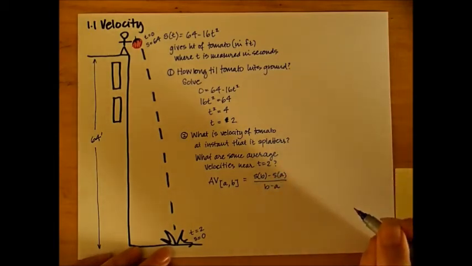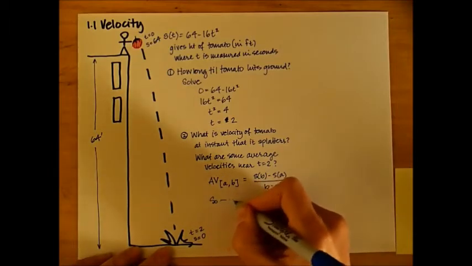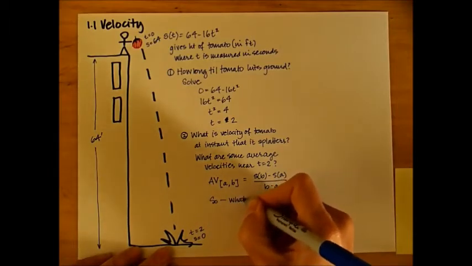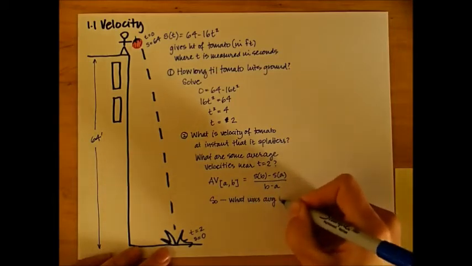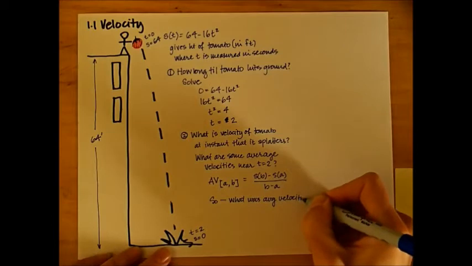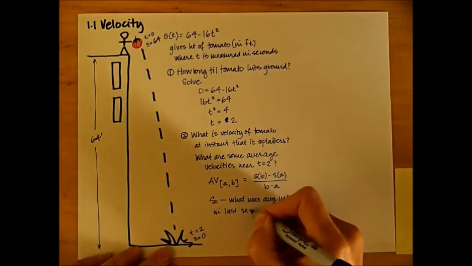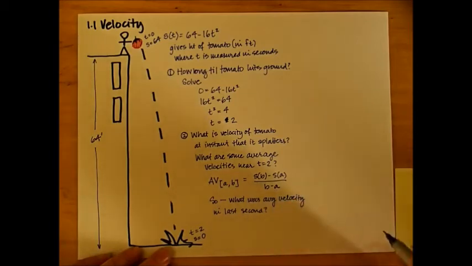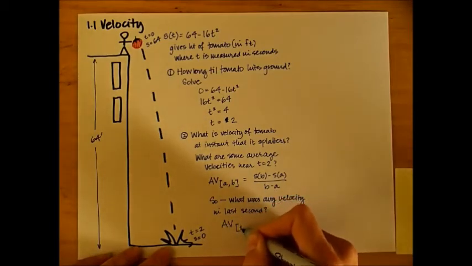So what if we looked at the average velocity in the last second? That would be Avg 1,2.